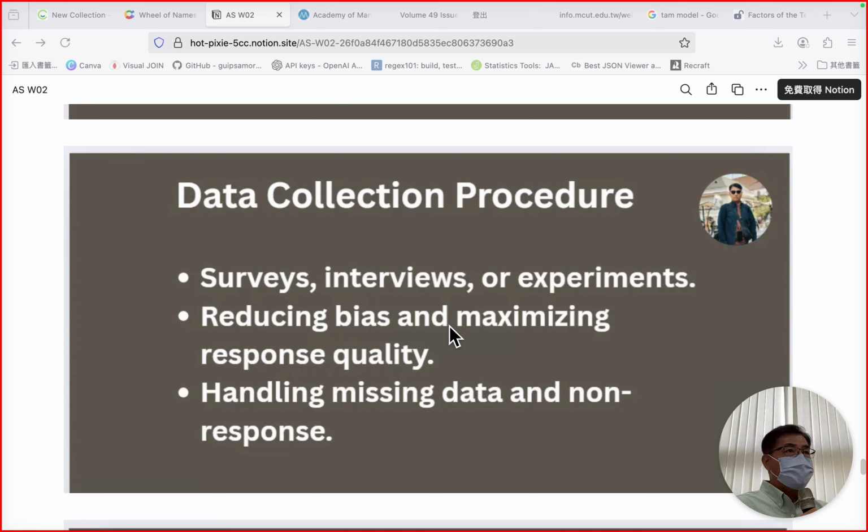Because we do it for free, we just give a quick answer, use our mouse for an online survey or even on paper, and check the middle, maybe 4 on a 7-point scale, all the way. We do not take the response seriously, right? But how to maximize the response quality?